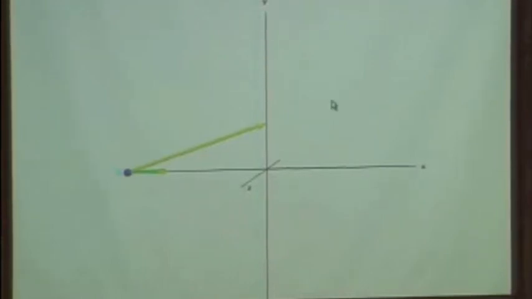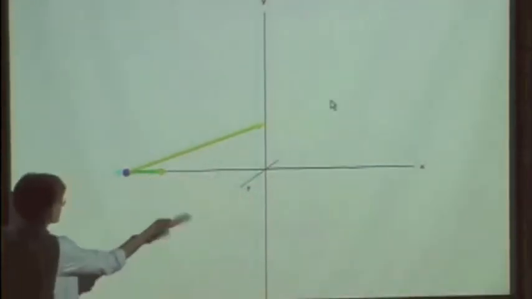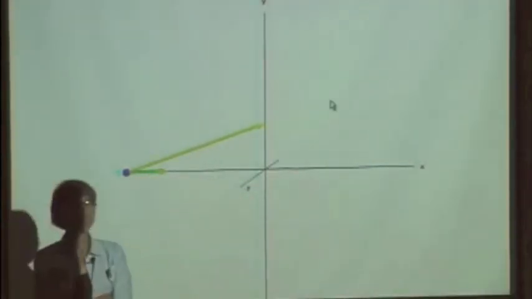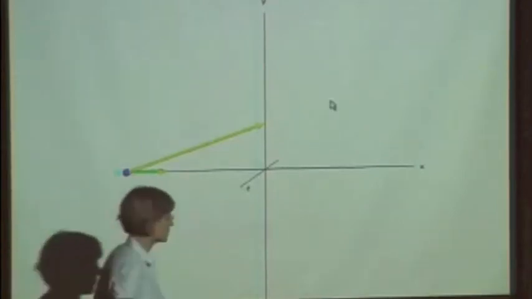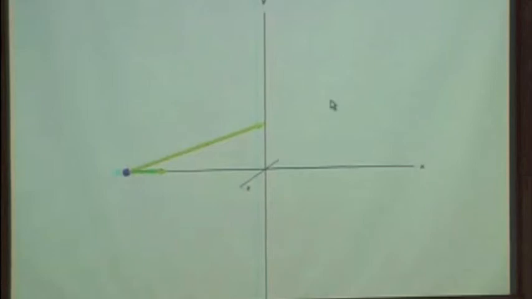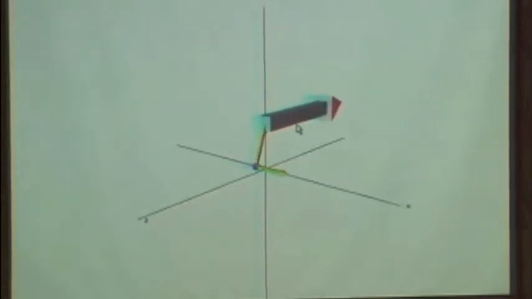What do you think is going to happen? If it was a proton, what would the direction of the magnetic field be? It would be out. What do you think is going to happen if we flip the sign of the charge? Probably go in, won't it? Let's see. Yep.